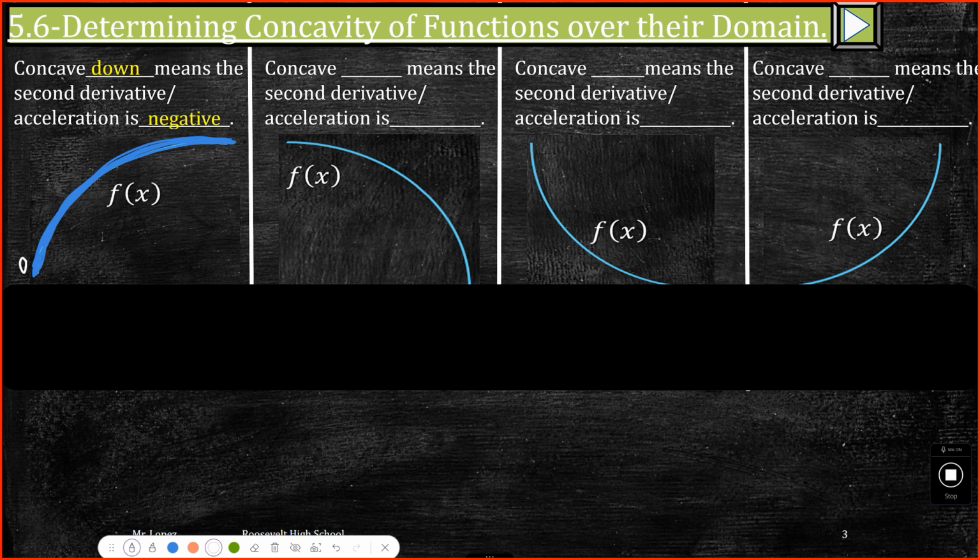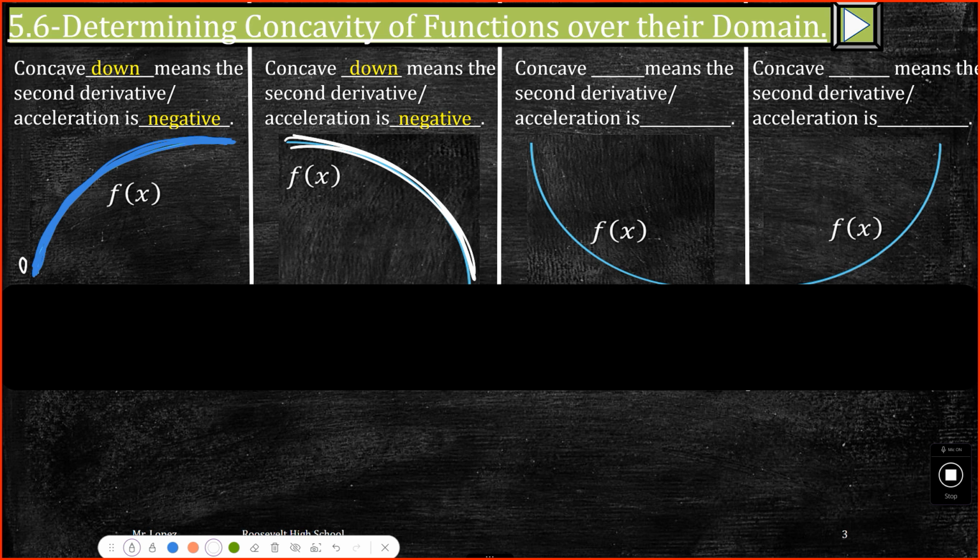So concave down means that the second derivative is negative. The second part of this, they connect here. This one also is going to be concave down. It means that the second derivative, or the acceleration, is also negative.